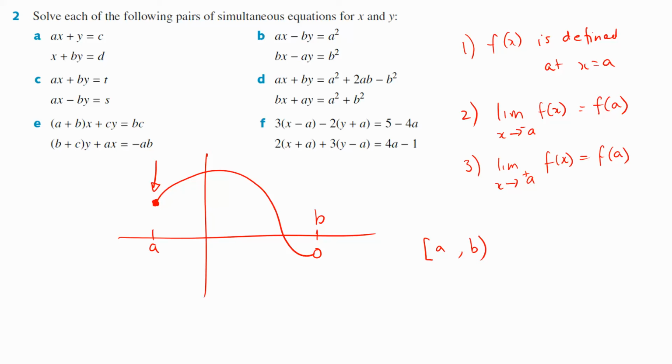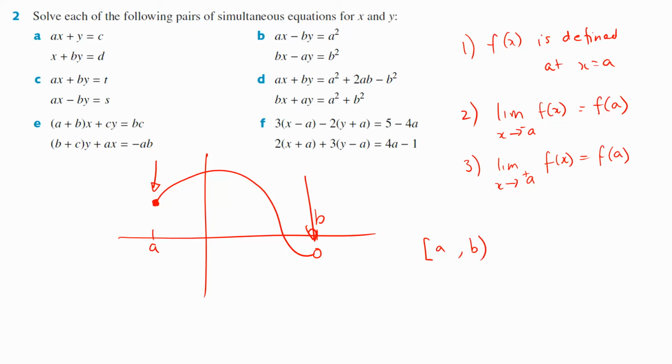And then you would say at B, it is continuous from the left. Whereas if I was just talking about anywhere in between A and B, I'd say it's continuous between A and B. That's just the language that they use. But my point is, yes, you can say A is continuous from the right.